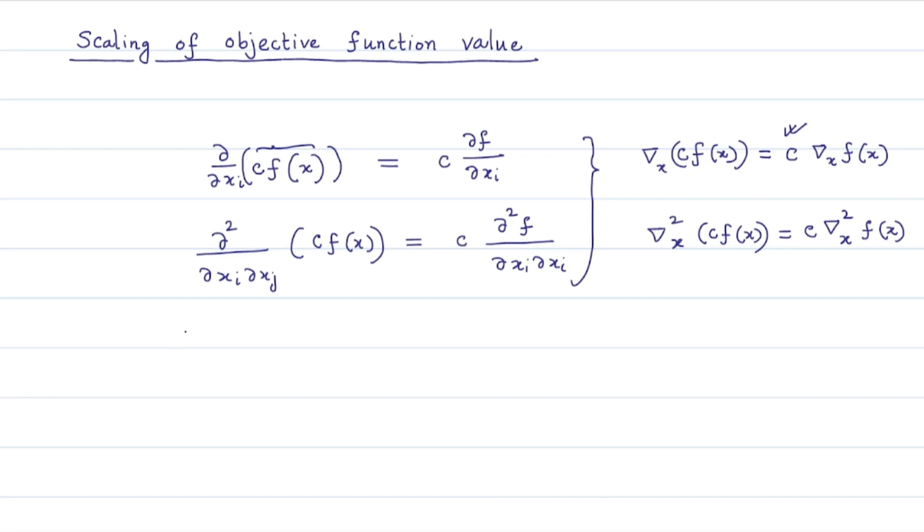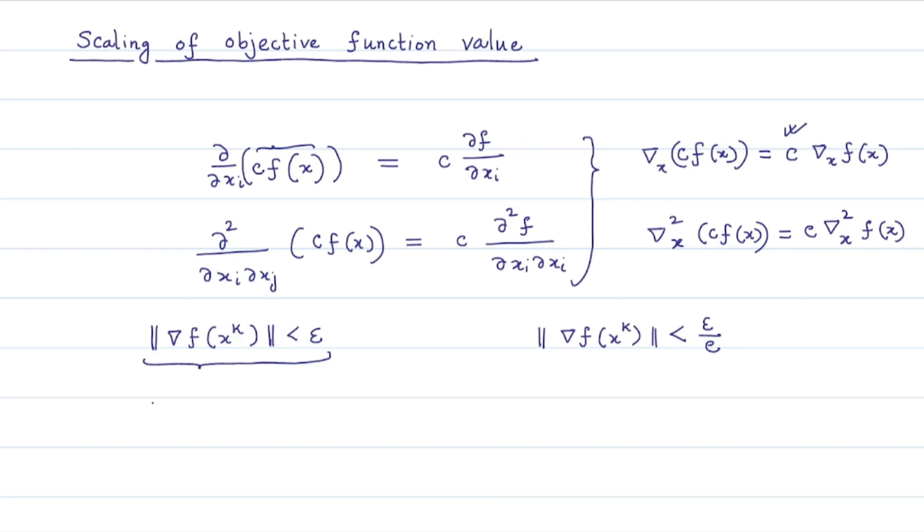We look at the stopping condition. Let's suppose we look at the condition that the norm of grad f at xk is less than epsilon. So for the unscaled function f, if this is the stopping condition, with respect to the scaled function, the stopping condition would be that the norm of gradient of f at xk is less than epsilon by c.